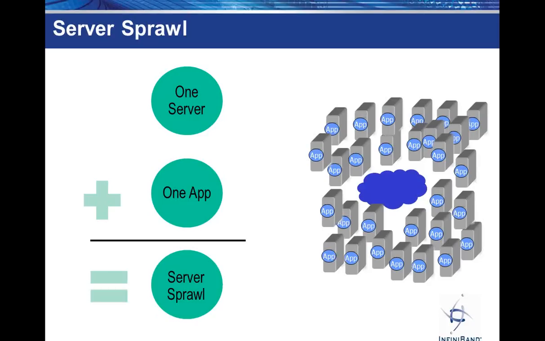We also looked at things like more efficient processors that would let us attack the power consumption created by sprawl. A number of different technological approaches were pursued, technology evolution approaches. But these didn't actually address the underlying problem of compute resources being allocated to applications at a fairly coarse-grained level.